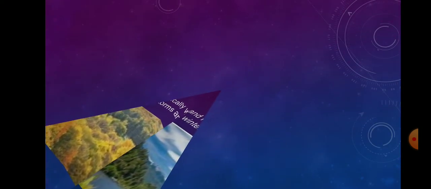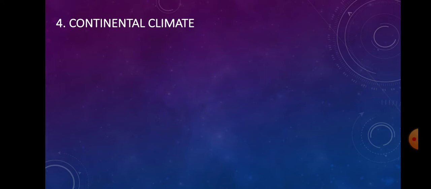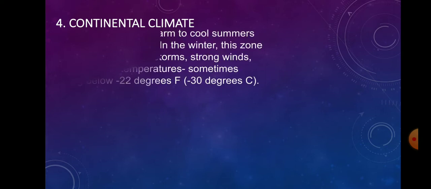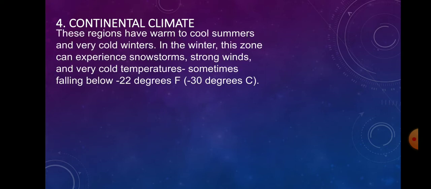Let us proceed to number 4, continental climate. These regions have warm to cool summers and very cold winters. In the winter, this zone can experience snowstorms, strong winds, and very cold temperatures, sometimes falling below negative 22 degrees.